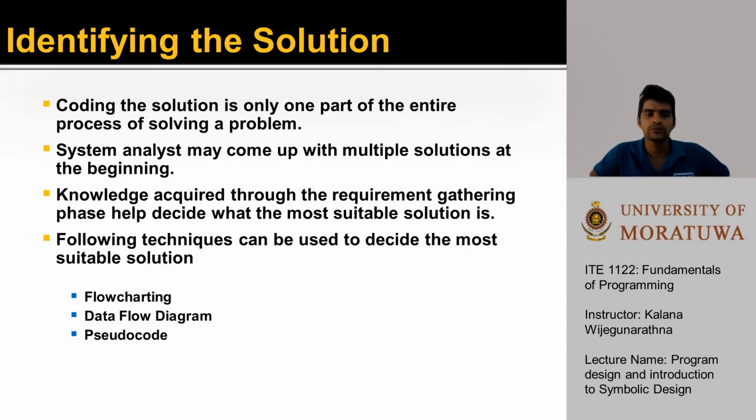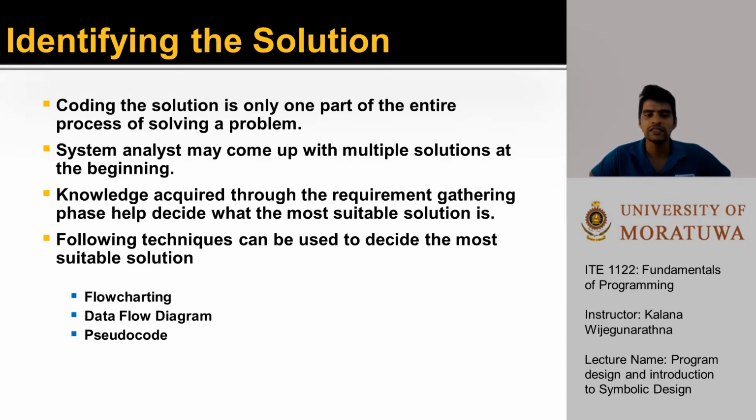Coding is supposed to be the most essential part of any software development process. However, coding is just a part of the process and may actually take the minimum amount of time if the system is designed correctly. Before the system can be designed, a solution must be identified for the problem at hand.